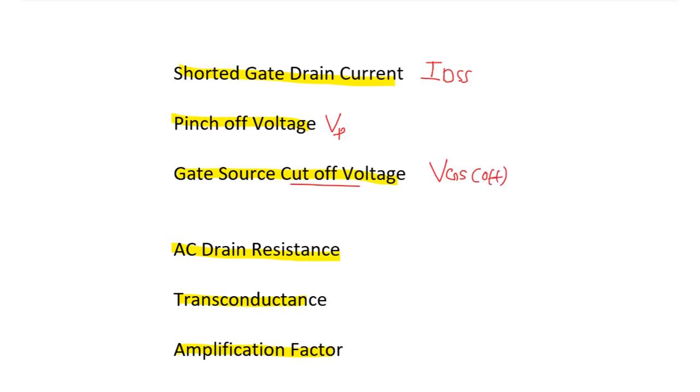So this is denoted by VGS off, and the AC drain resistance is denoted by RD, R for resistance and D for drain, and the transconductance is denoted by GFS, and we denote amplification factor by the letter mu. Now we will explain about each of these terms and parameters.